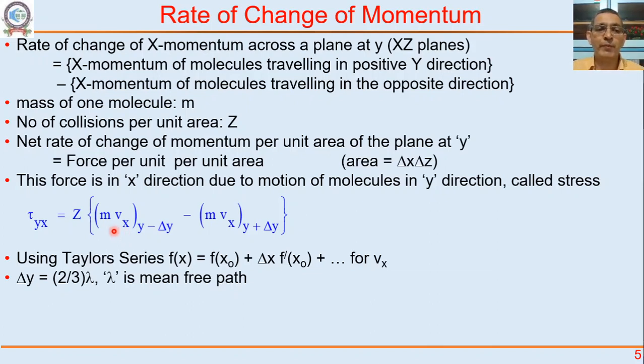So this is transfer of momentum due to one molecule multiplied by the number of molecules colliding per unit time per unit area. So this is the net rate of change of momentum per unit area, and rate of change of momentum per unit area is nothing but force per unit area. We are going to call this tau yx. We are going to call it stress, right?